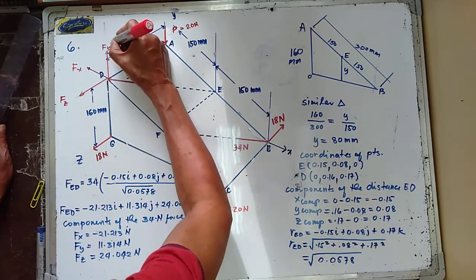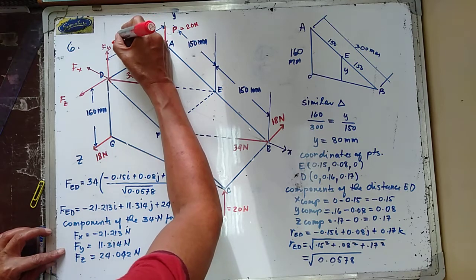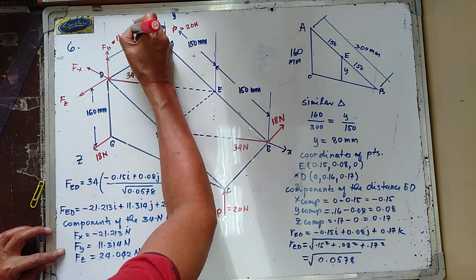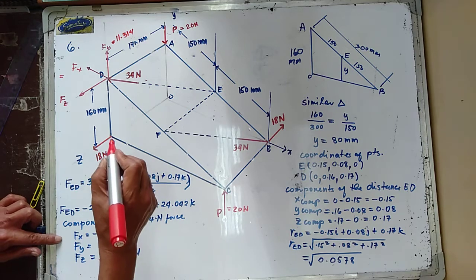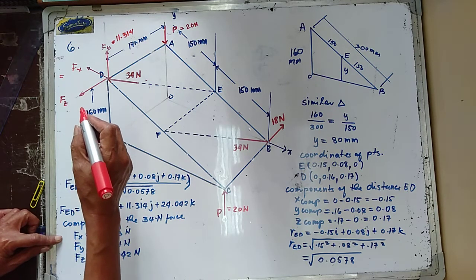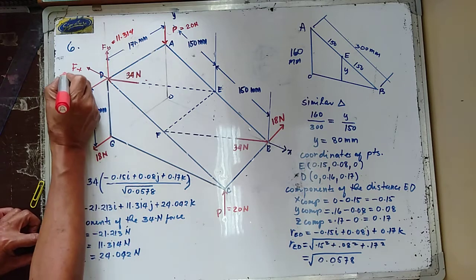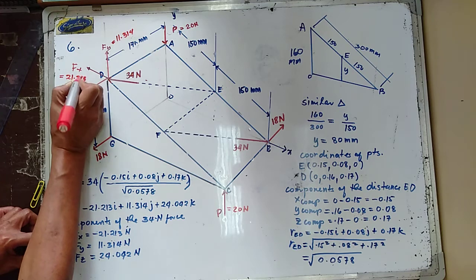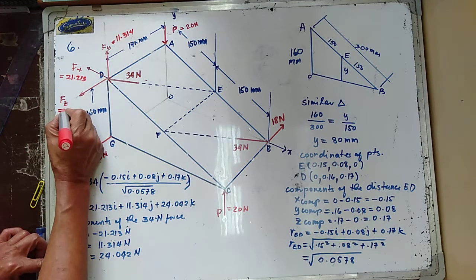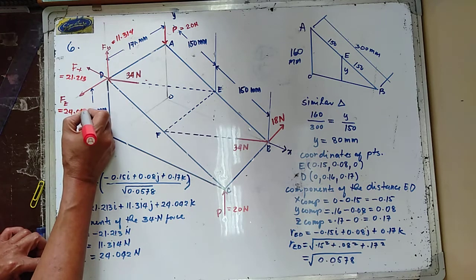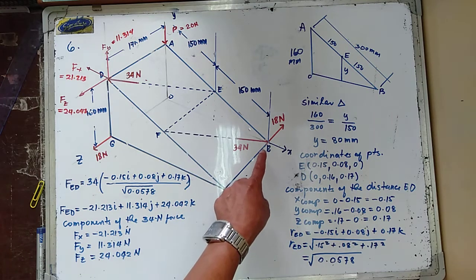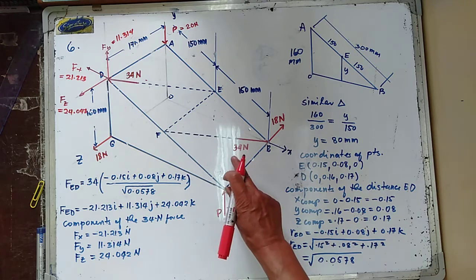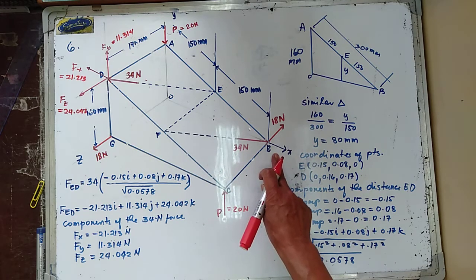So your Fy is equal to 11.314 newtons, your Fx in here is equal to 21.213 newtons, and your Fz is equal to 24.042 newtons.